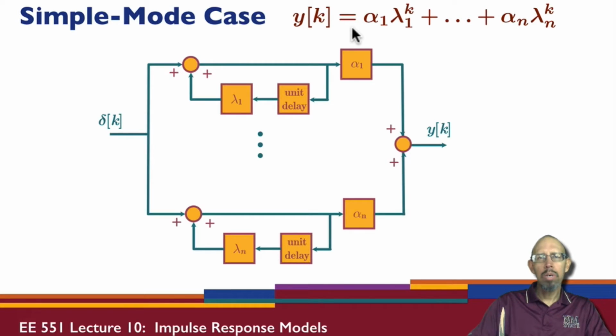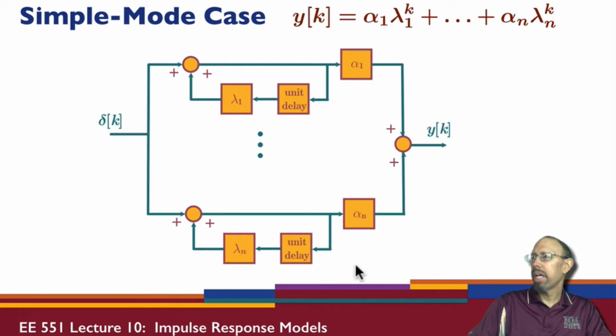Again, we can assume these are scalars, but we can also do the same kind of thing with a multi-input, multi-output system, where each of these alphas are matrices, and we would still have lambdas to the power k.